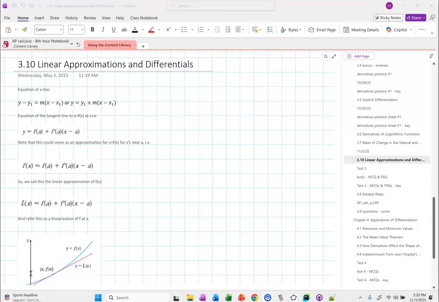That's it. That's the entire idea for 3.10. Now the textbook presents it in a really kind of over-the-top way, which is fine, but that is the idea. That's all we're talking about doing.